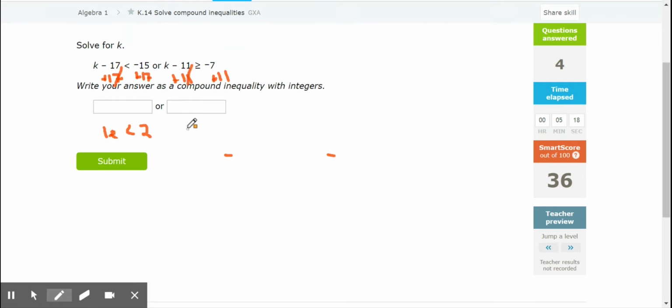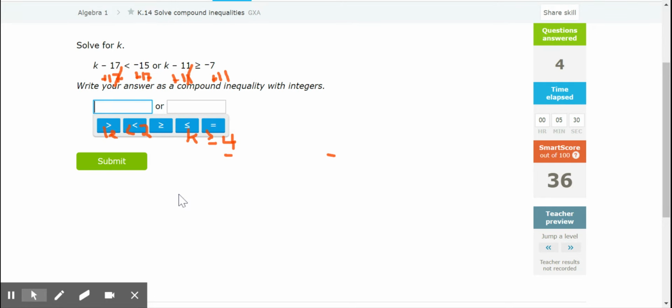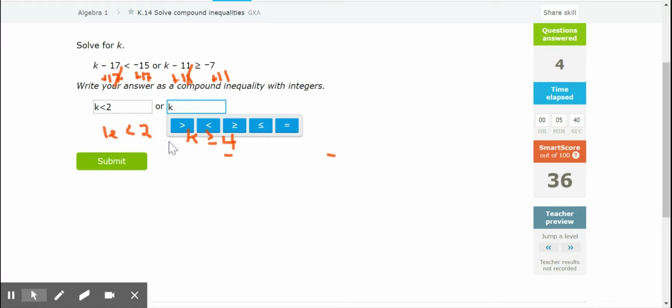And k is greater than or equal to 4. So click over. We've got k is less than 2, or k is greater than or equal to 4.